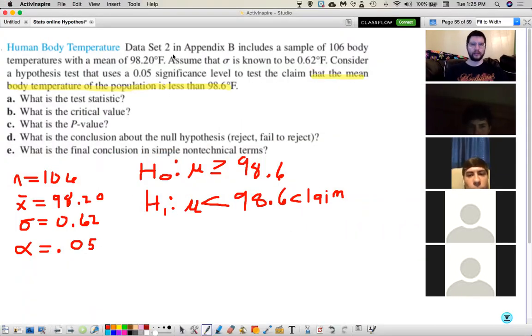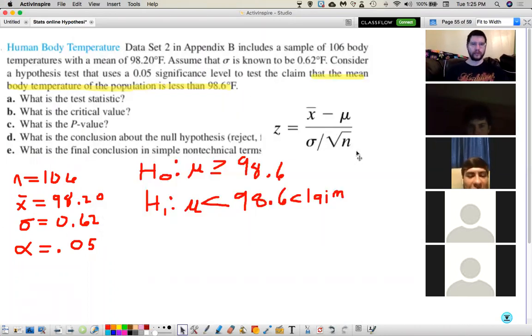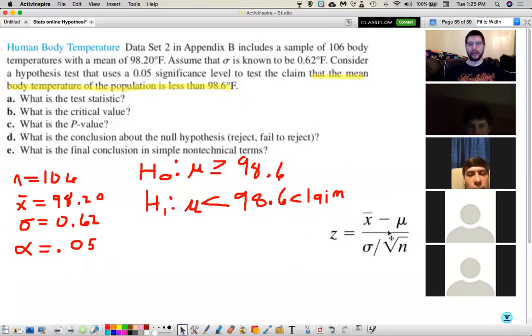So I'll stick that in here. So this is the only difference from last week, the formula for the test statistic. Everything else is exactly the same. We're still going to do a p-value test. We're still going to do a critical value test, the traditional method. So right now, all we need to do is find our test statistic.